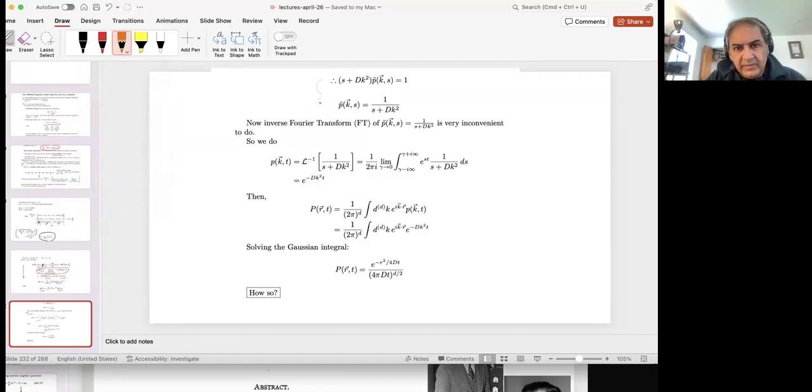So doing it this way turns out to be easier because it gets you to an expression of P tilde Ks much faster. And the expression, of course, is very straightforward. Of course, you don't have a potential in this problem. So now the inverse Fourier transform of P tilde Ks is going to be a bit of a problem to do. So P of Kt, instead of doing a Fourier transform, you do a Laplace transform.